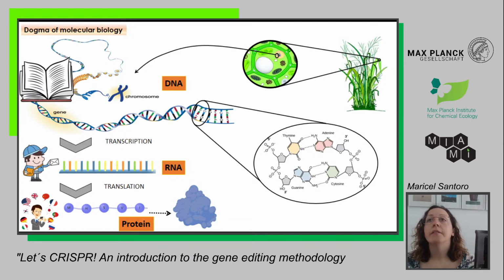And this sequence of these 4 letters can be translated into the units of the proteins, which are the amino acids. These proteins are then condensed into enzymes or structural proteins. And we can think about these enzymes as the workers of the cells. They do everything inside the cell. They synthesize all the compounds that are present in the cells.